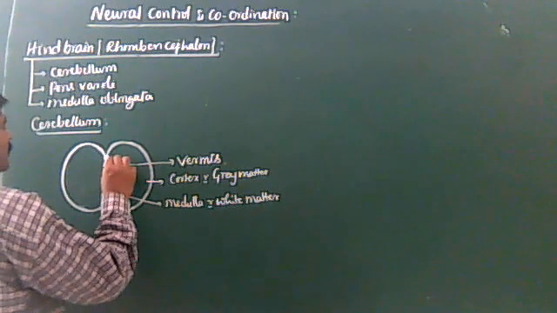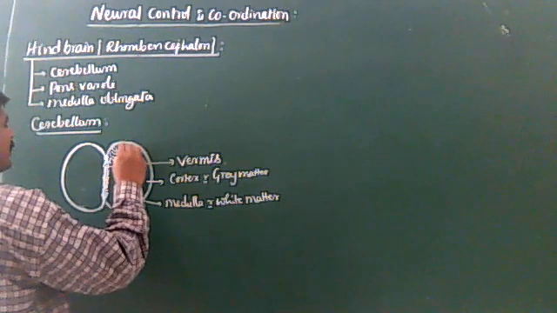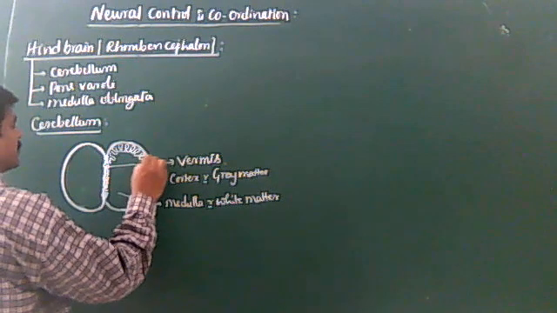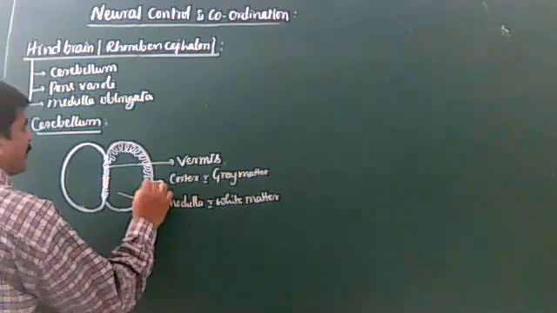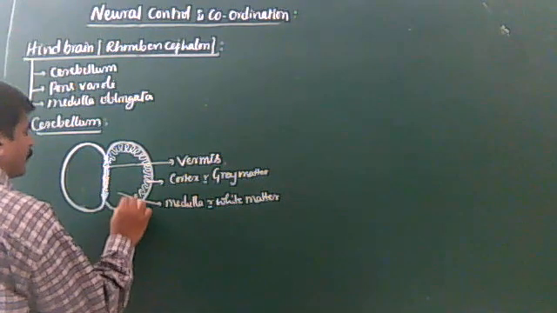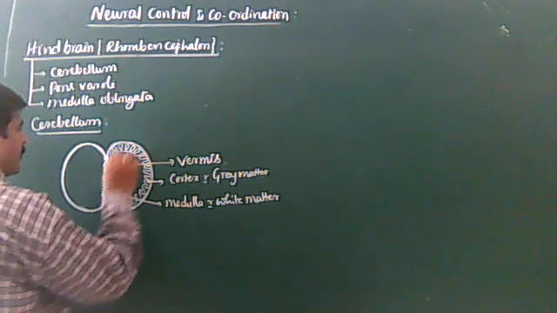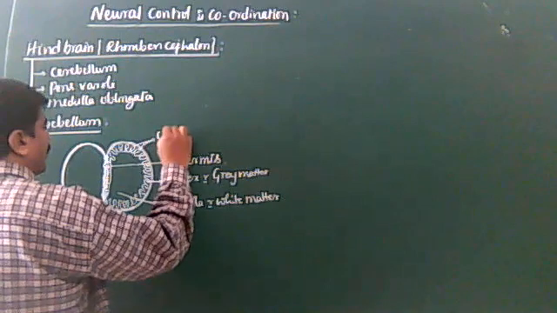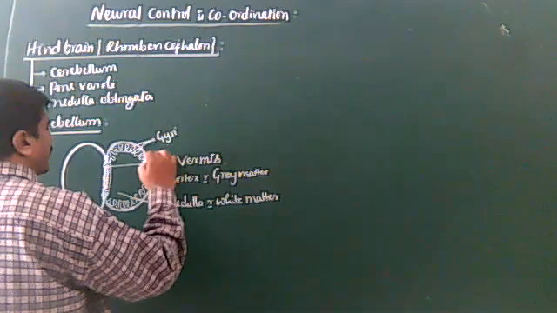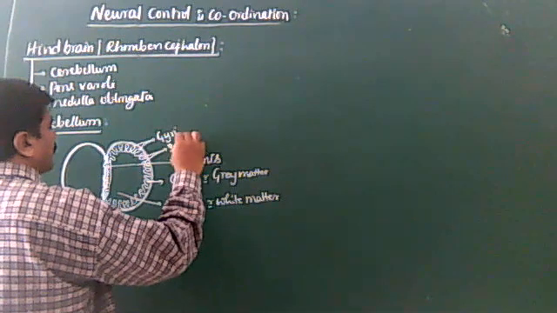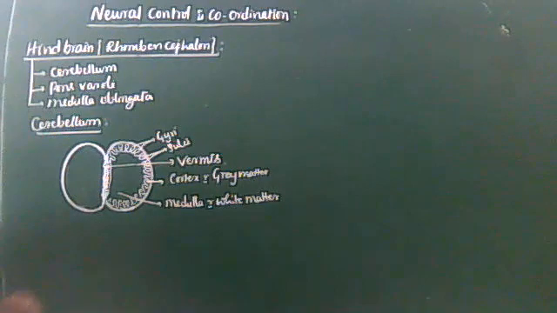Here also the gray matter is thrown into a number of folds or convolutions. The ridges of the gray matter are called gyri, separated by fissures called sulci.